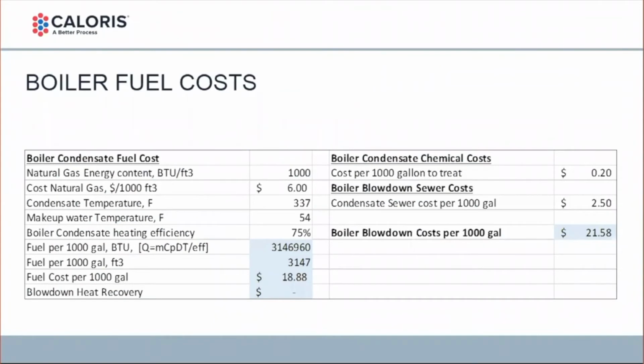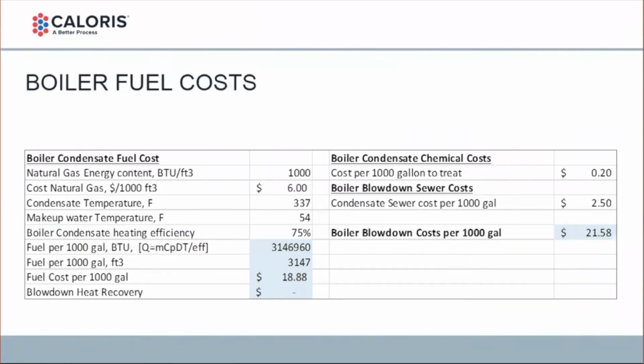First thing we're going to look at is the boiler fuel cost. We'll say this is a 100 PSI boiler, and that the makeup water temperature is 54 degrees, so the condensate temperature is 337.